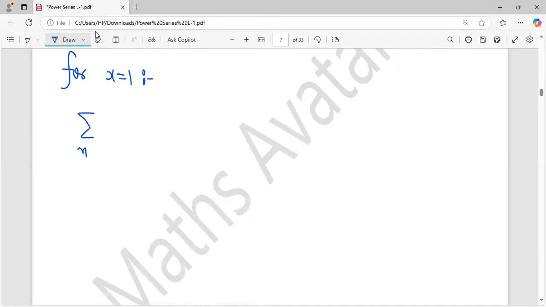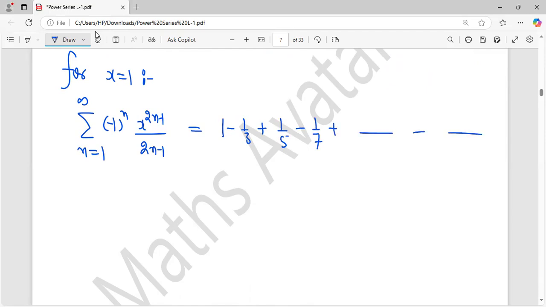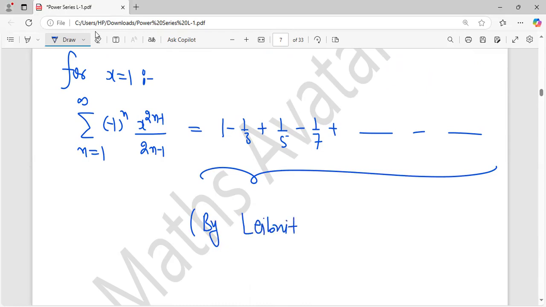The series is 1 minus 1 upon 3 plus 1 upon 5 minus 1 upon 7. Okay. By Leibniz test, this series converges.